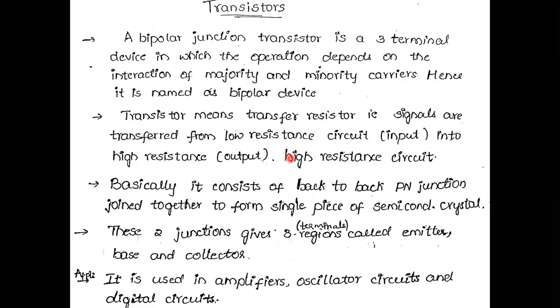Okay, first, a bipolar junction transistor is a 3-terminal device. It consists of, let me draw this one, 3 terminals here. It is bipolar, means we are going to consider both the charge carriers. Previously in unipolar, we considered only majority carriers.